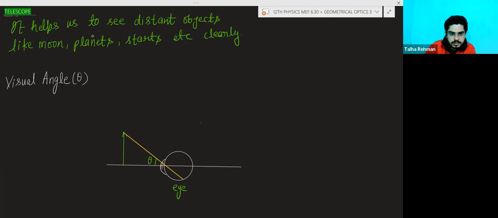And this is some object, and this is the retina of the eye. Basically, retina is just like the screen on which the image is formed, and retina has light sensitive cells, rods and cones.